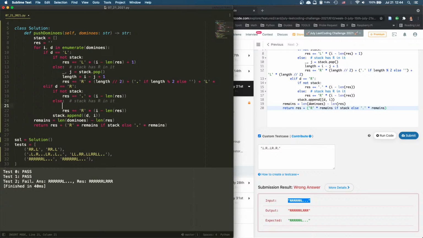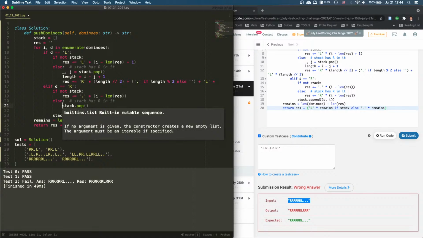So we need to say stack.pop. I forgot to pop here. So every time the stack has something, we need to pop it, either we use it, or in this case we don't have to use it. But we can, because we pushed it in. Let's use it.